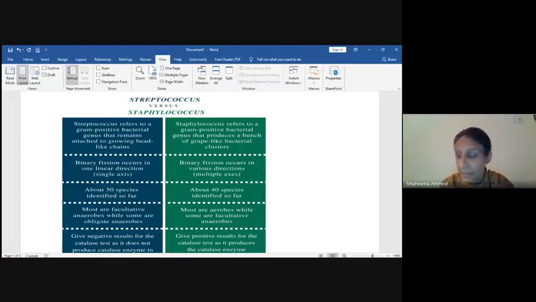They have the ability to convert hydrogen peroxide into water and oxygen, whereas streptococcus are catalase negative. They cannot perform this reaction. So this is a very important distinguishing feature between strep and staph. Staphylococcus is catalase positive, strep is catalase negative.